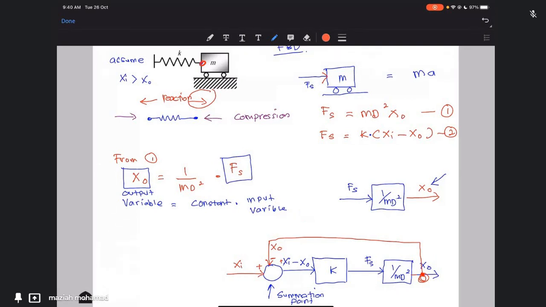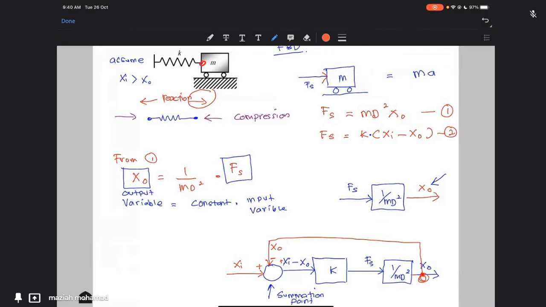So this is the complete block diagram for the spring mass system. I hope you can see the steps of how we can draw a block diagram using the first principle method. We write the basic equations for the system using first principles.